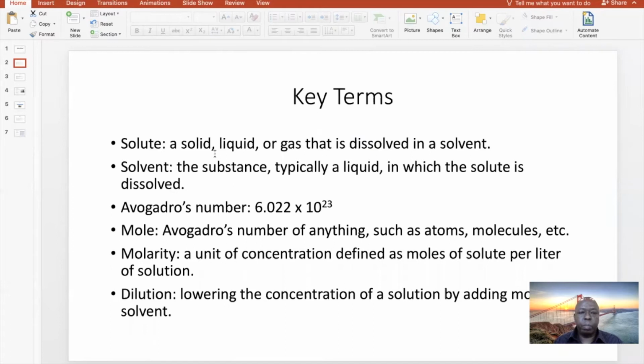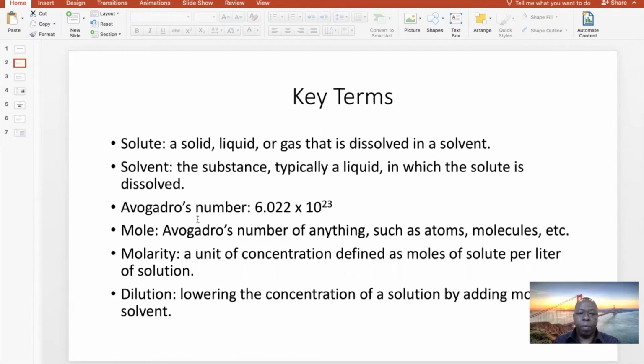Solute is always present in some small amount, and solvent is present in large amount. There is a term here we will also use, and that is the mole. Mole is a unit used by chemists to express a certain number of items such as atoms or molecules.